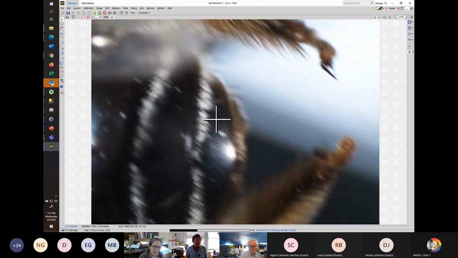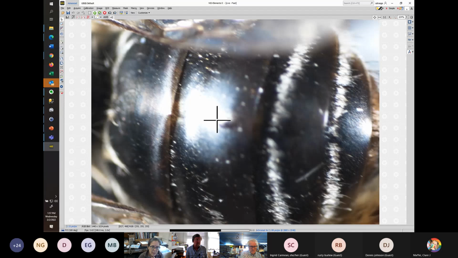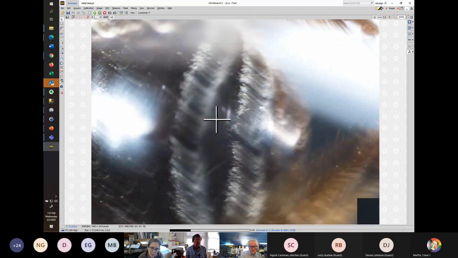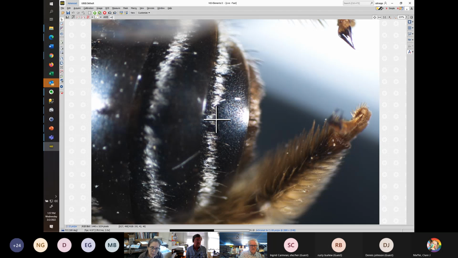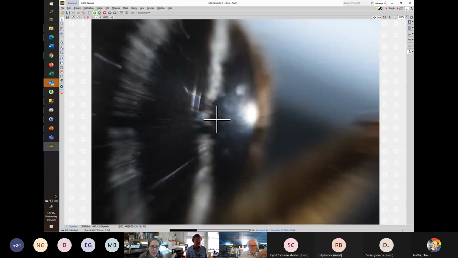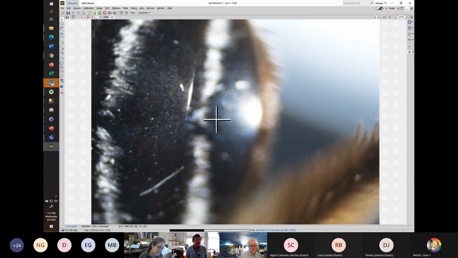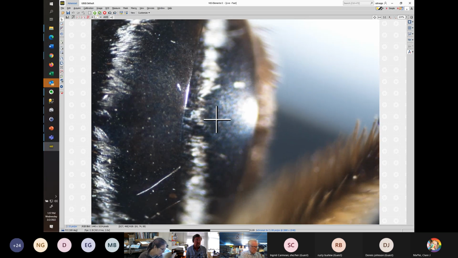So a lot of the hairs are missing from there. Yeah, this is the T4 area, and it's like there are no hairs left. So all the hairs on that specimen have been rubbed off.